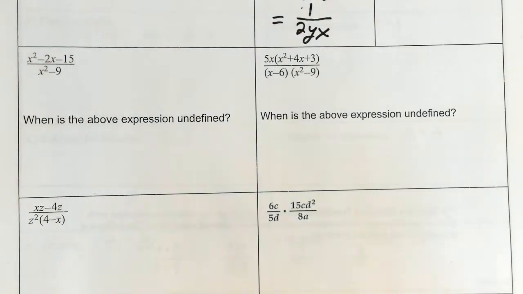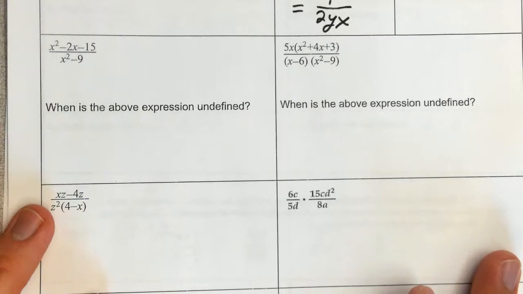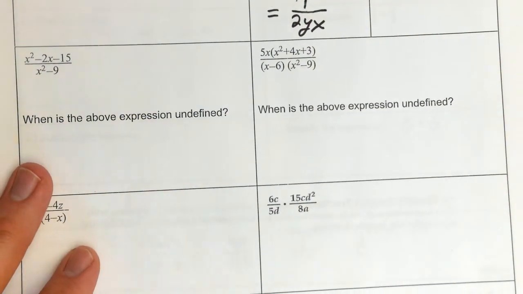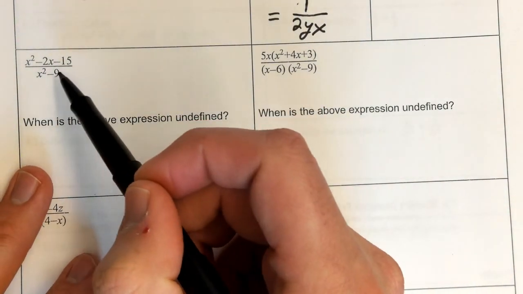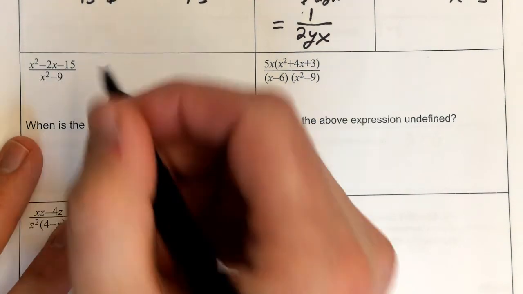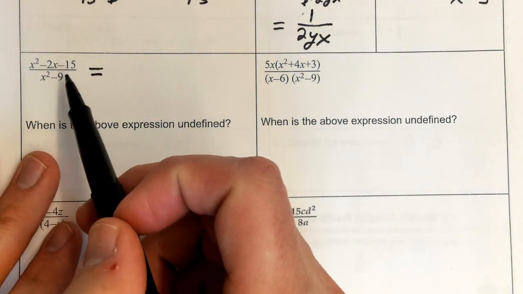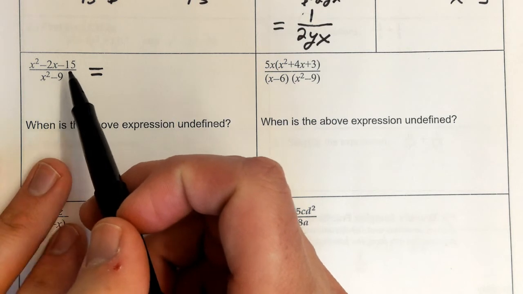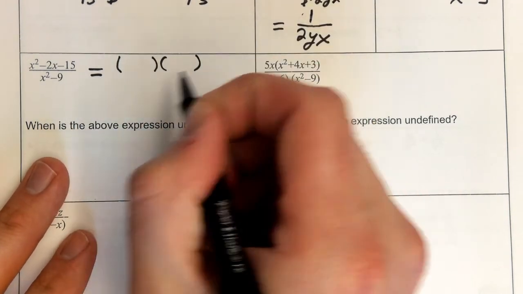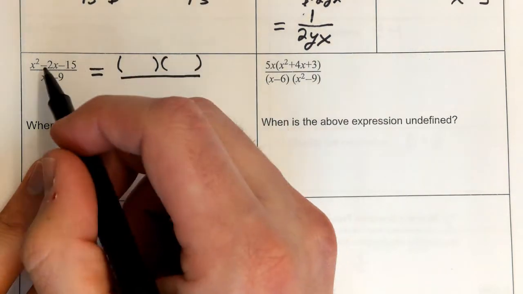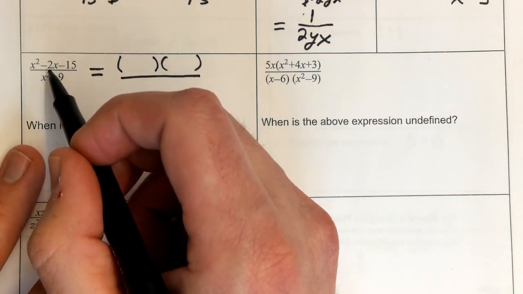Next, sometimes these rational expressions won't be nicely factored, so we will have to do the factoring. I have x squared minus 2x minus 15 on top and x squared minus 9 on the bottom. To factor those, I can either use the magic x method on each one, or I can just use my reasoning and guess and check. On top, I need numbers that multiply to give me negative 15 and combine to give me negative 2.